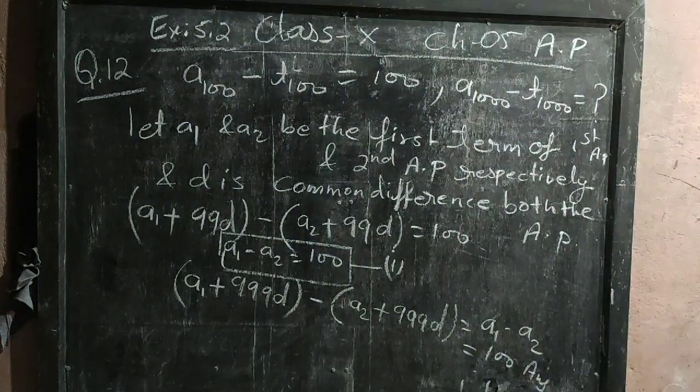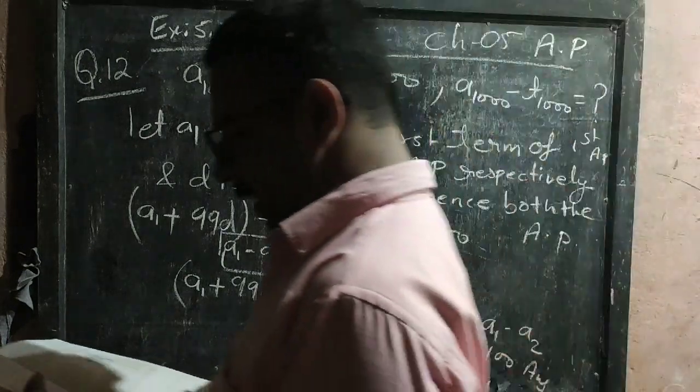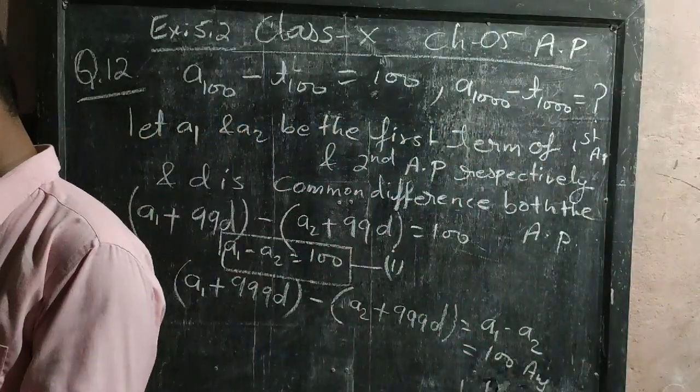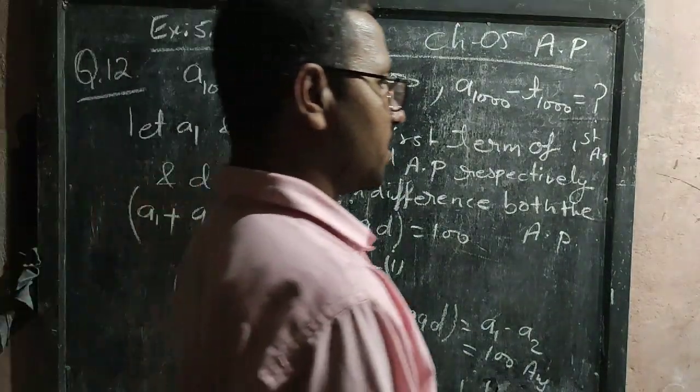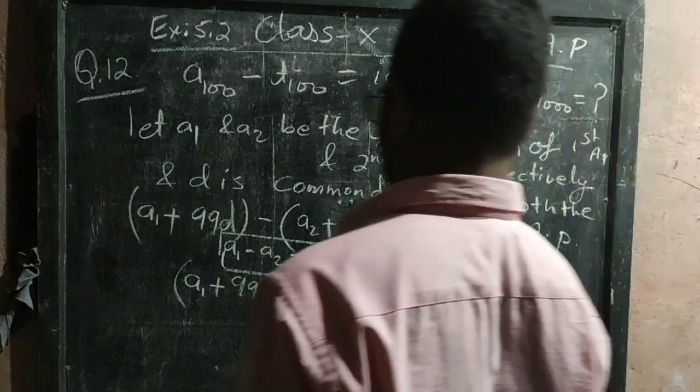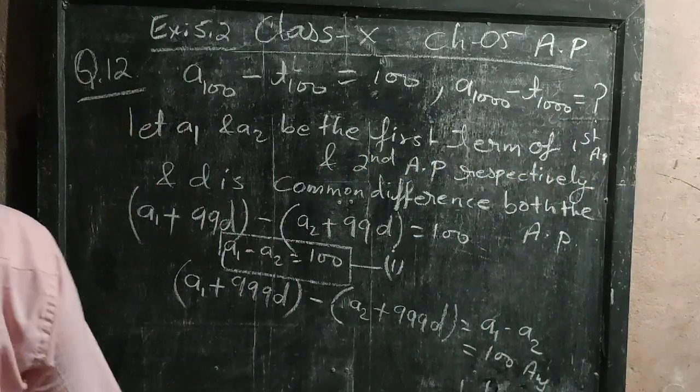So now students, in the same way, just go through the next questions. Question number 13: How many 3-digit numbers are divisible by 7? Let's see this question, a very simple question.